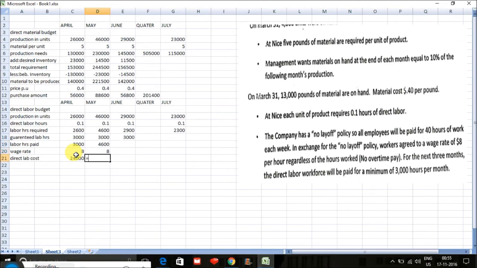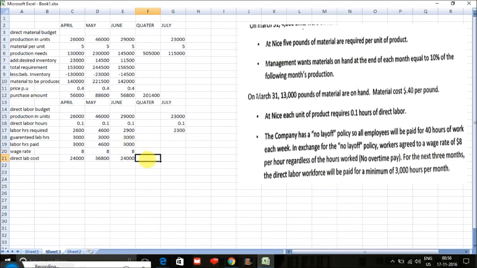So the total amount we are paying for the labor for this month is 36,800. And for the month of June also, the minimum guaranteed labor hours should be paid, as the labor hours required is less than guaranteed labor hours, so it will be the same as 24,000.